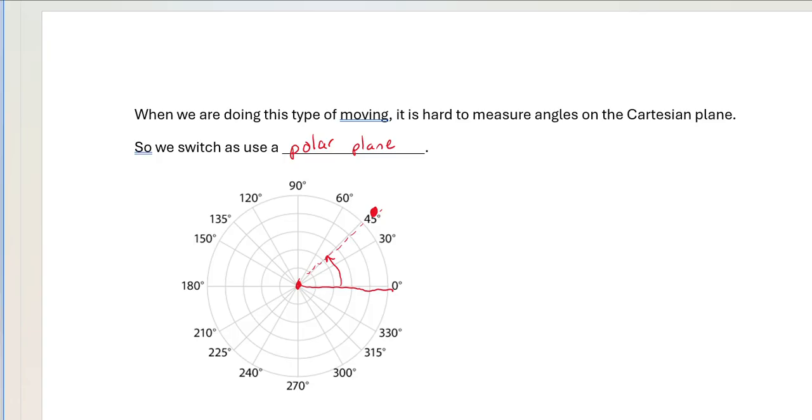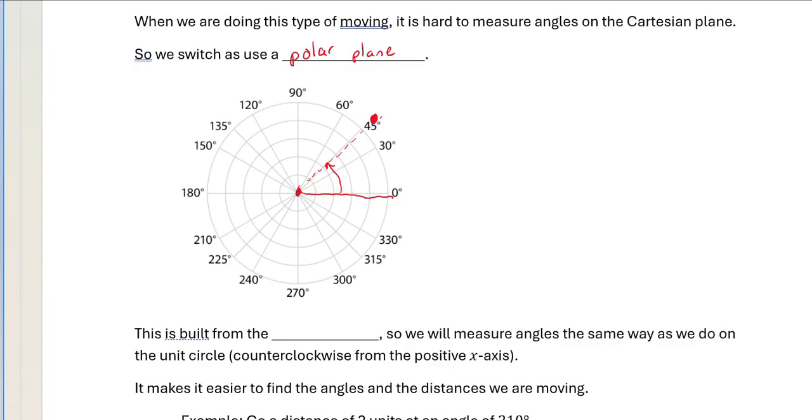So this is set up in a way where it's easy for us to count units along any angle, and it's also easy for us to measure angles because so many angles are previously marked. So if you notice, this is built off of the unit circle. We just say, hey, what if we have circles whose radius is not 1, like a radius of 2, a radius of 3, a radius of 4.